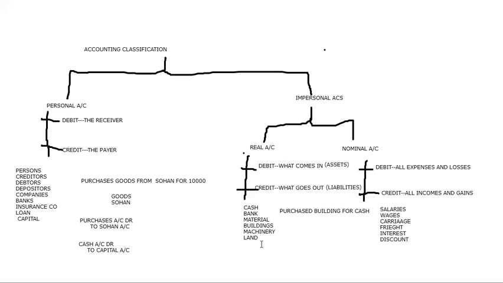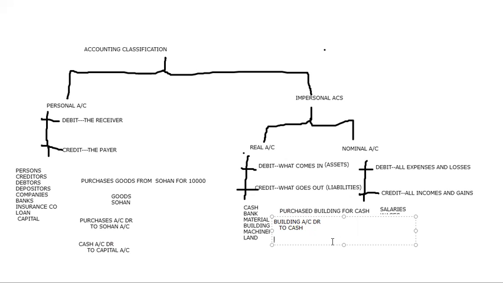Here again I have to write it. In the form of purchases, what is coming in? My building is coming in. So building account debit to cash, because it is coming for cash, I'm going to treat it as building account debit to cash account.